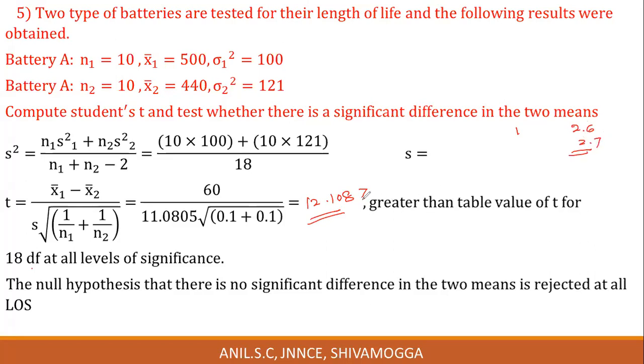Therefore, the hypothesis must be rejected. The null hypothesis that there is no significant difference in the two means is rejected at all levels of significance, because this is greater than the table value.